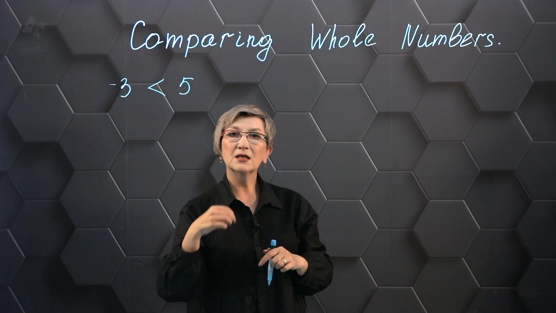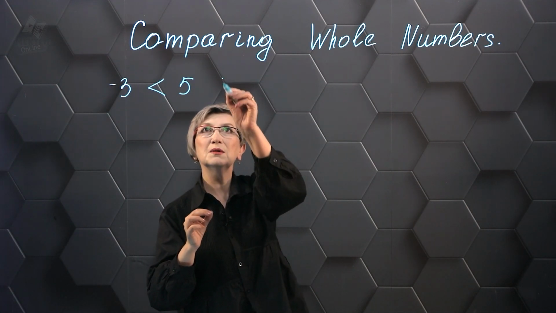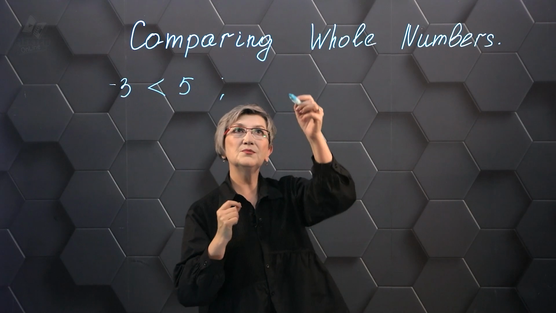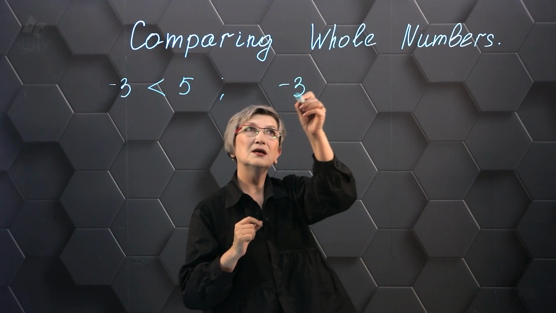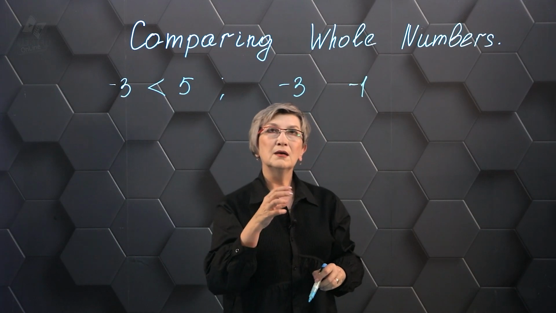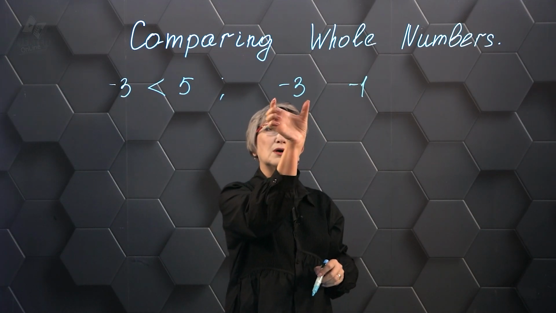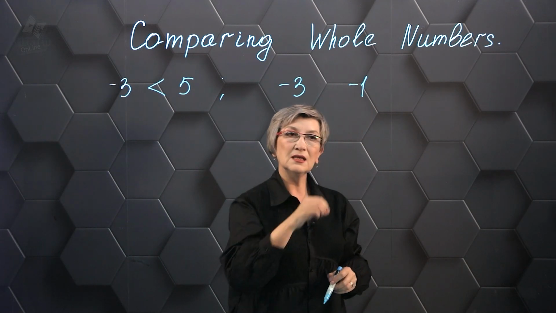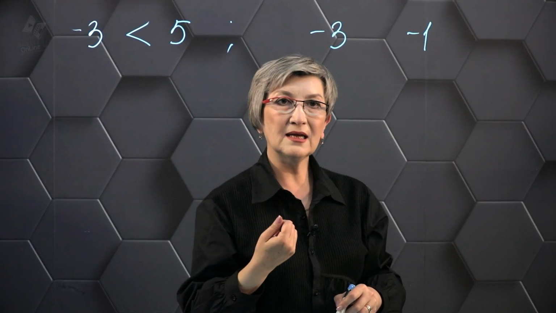Similarly, by applying the exact same algorithm, we can compare other numbers. Let's say the numbers are -3 and -1. If we say it's -3 and -1, we can ask ourselves the question, when is it warmer?